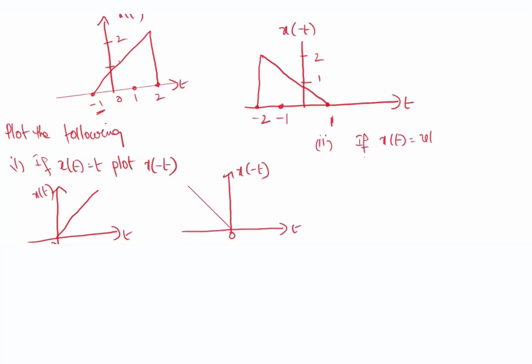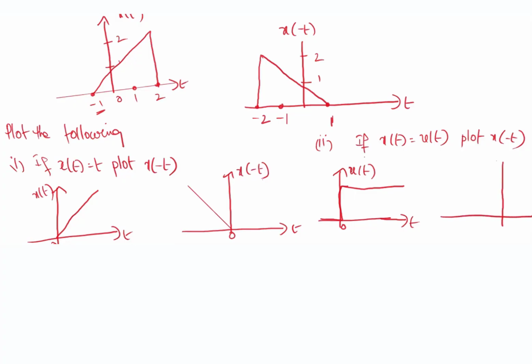If x of t equal to u of t, plot x of minus t. What is u of t? Unit step function. The unit step function is like this. It starts at 0. And if you plot x of minus t, yes, it is simply the reversal.